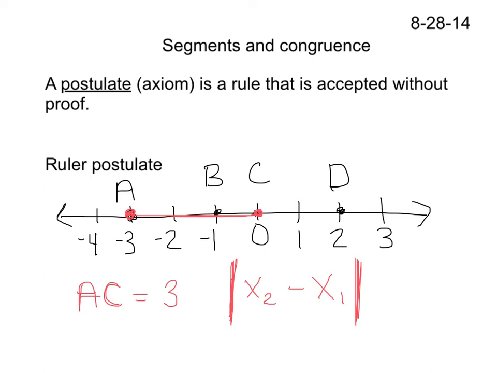So let's say our first one is at 0. We're doing the absolute value of 0 minus, and our second location was negative 3. So minus negative 3. Thinking back to algebra, minus minus is a plus. So 0 plus 3 is 3. Either way, you're going to get the right answer. But if you have a number line that's using really big numbers, it would probably be easier to do this formula.